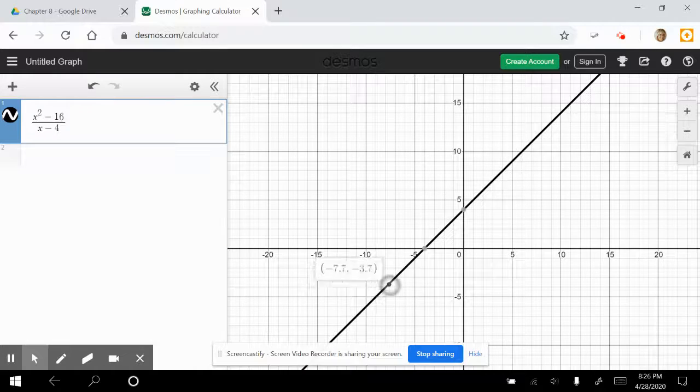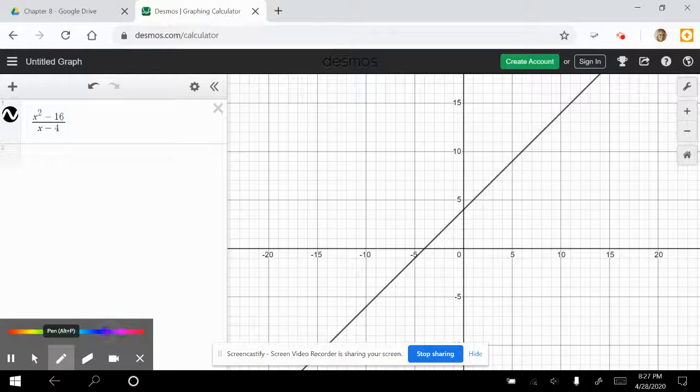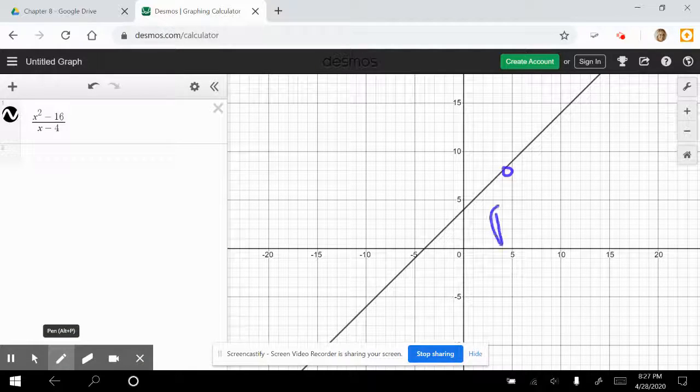And so you'll see it looks like a nice straight line, but as I get close to 4 and as I'm approaching 4, you'll notice that on my graph it says 4 is undefined. They don't do a very good job of drawing it, but essentially at 4, right there, is an open circle, right? So that is called point discontinuity.